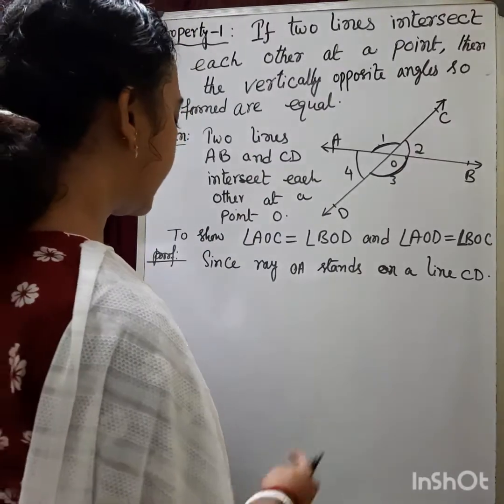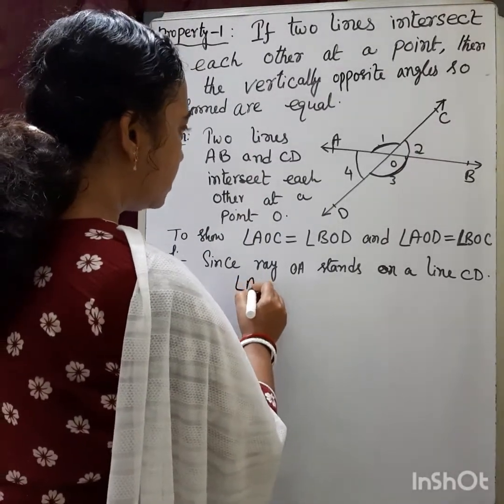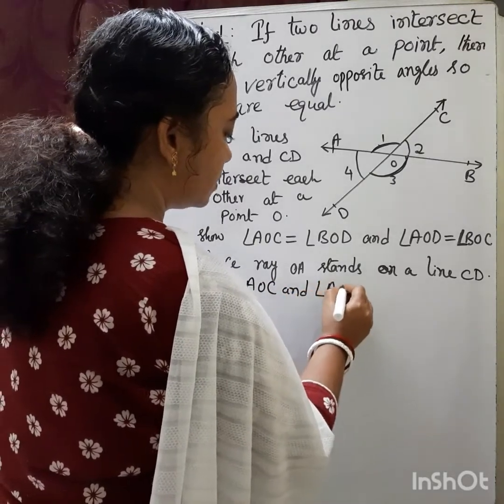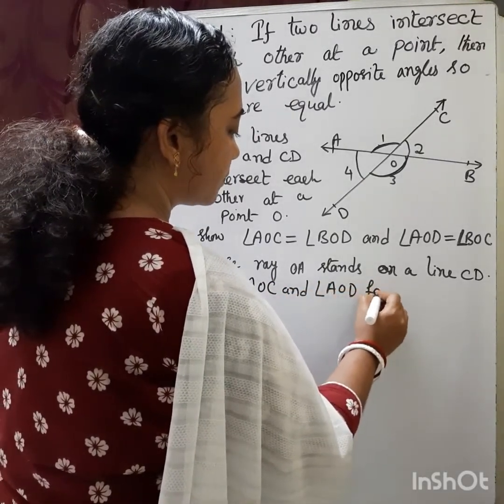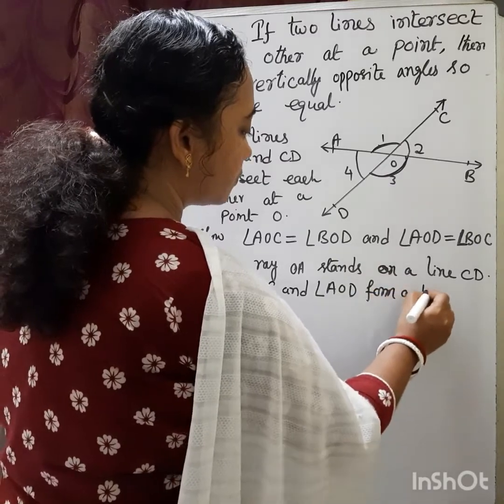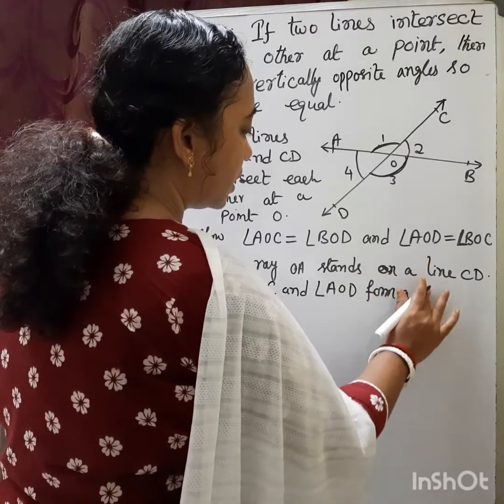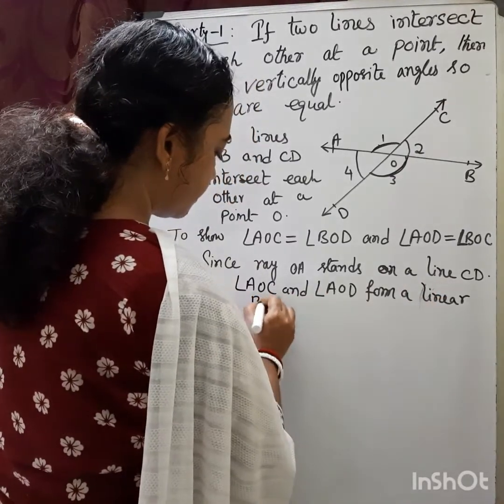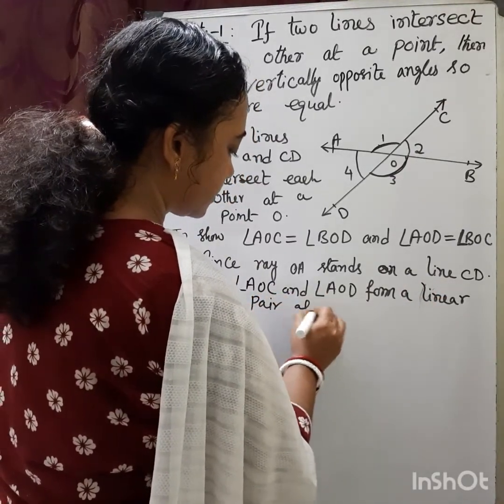So we can say that angle AOC and angle AOD form a linear pair of angles.